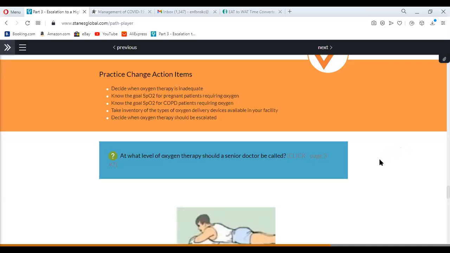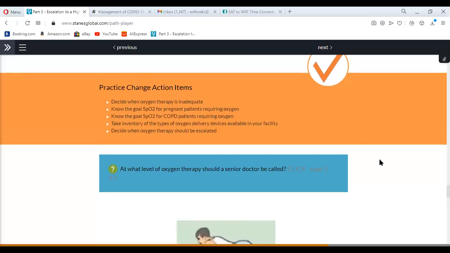Hello, sir. Yes, Dr. Suleiman. Yes, sir. Before we move there, I want to quickly draw our attention to this very point of goal of SpO2 in pregnant patients, which we should know that we tend to have less threshold for them to become hypoxic due to the fact that the baby too may suffer.